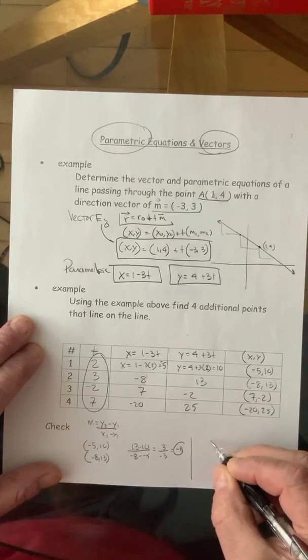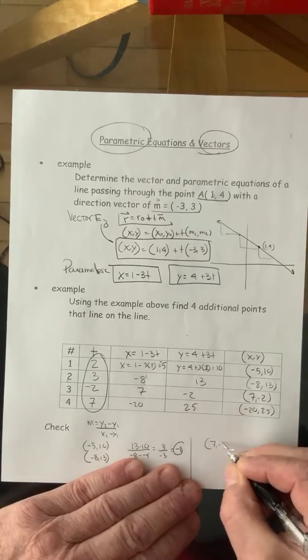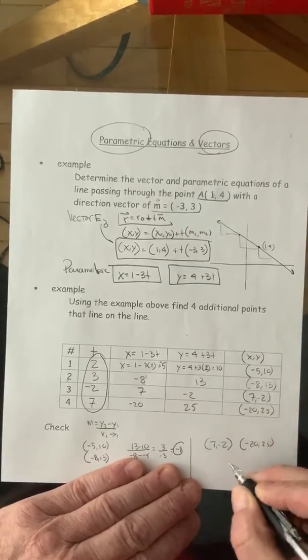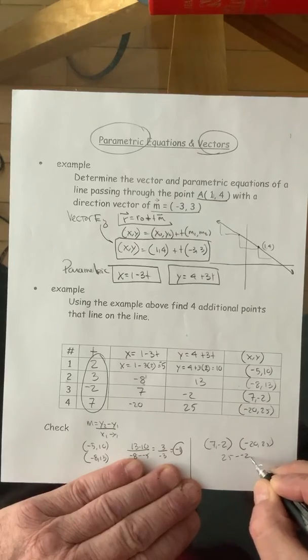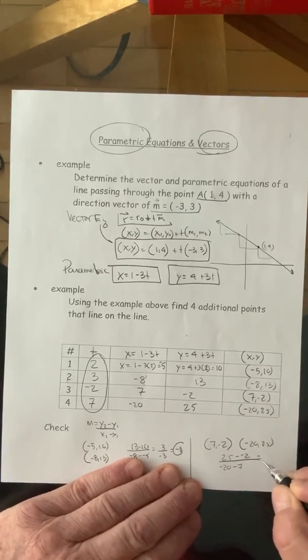If I pick the last 2 points, I'd get 25 minus a -2 over -20 minus 7.